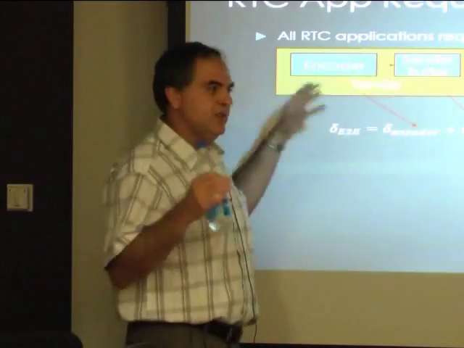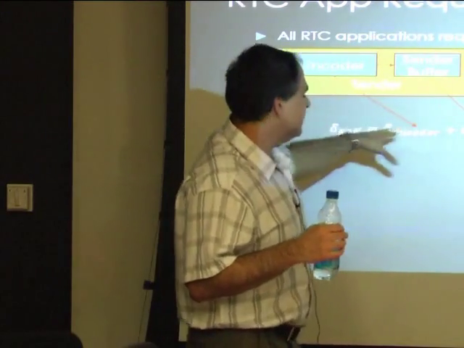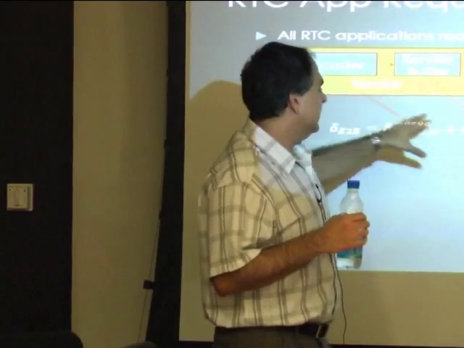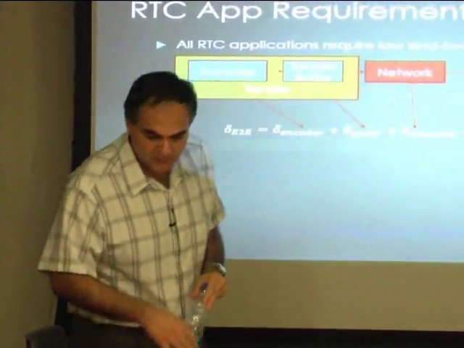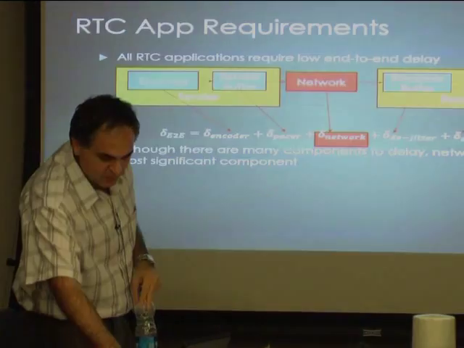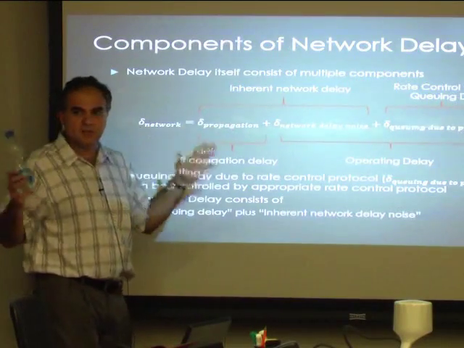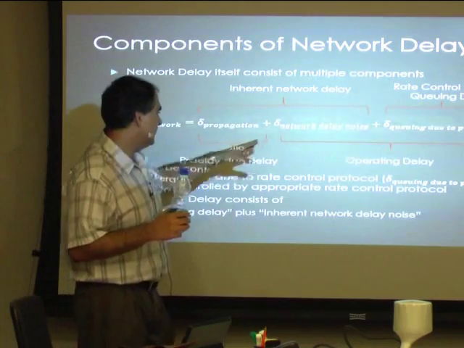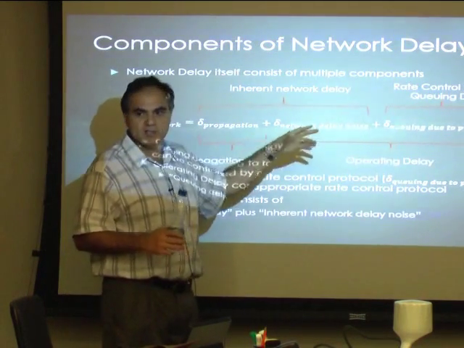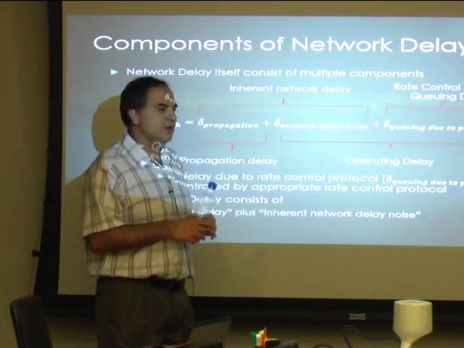And if you think of the end-to-end delay that you see in, let's say, video conferencing, there are lots of components to delay, but the main one that's variable is the networking delay. So I break down the networking delay into different components. One is the propagation delay, right? This is just a fixed value. The other is this delay noise, which is what I plotted before, right?